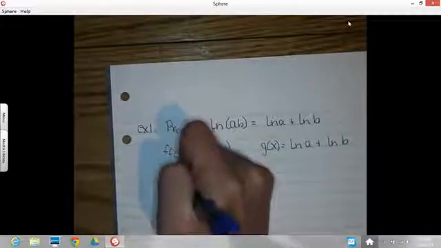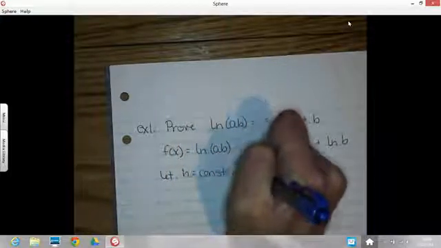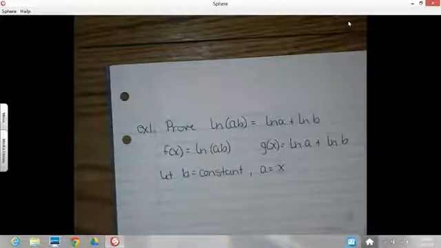Now what we're going to do is let b be a constant. It's a number. Treat b as a number, and we're going to let a equal a variable x. So b will be treated as a number, a is going to be treated as the variable x.